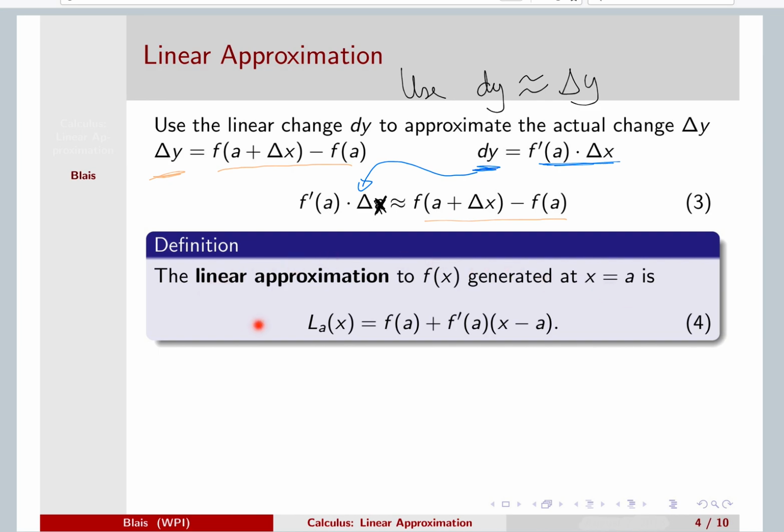And to get the definition of the linear approximation, we solve for this term here. So notice that what we're calling L sub a of x is nothing more than this expression solving for f of a plus delta x. So that f of a plus delta x above equals this linear approximation.